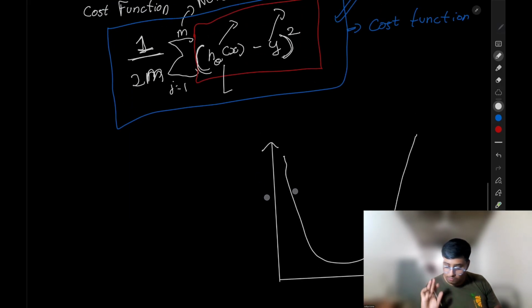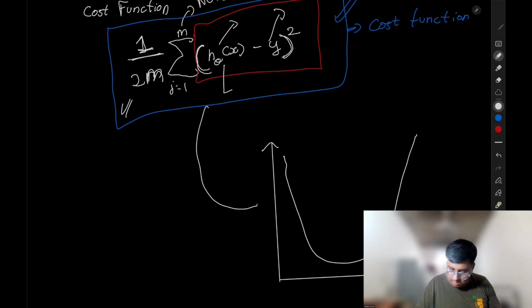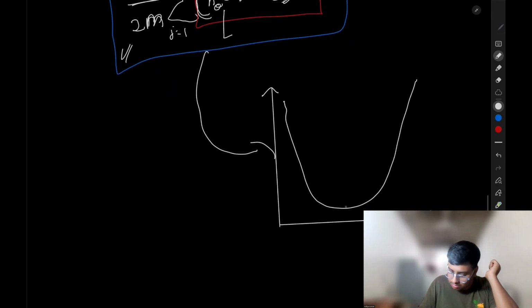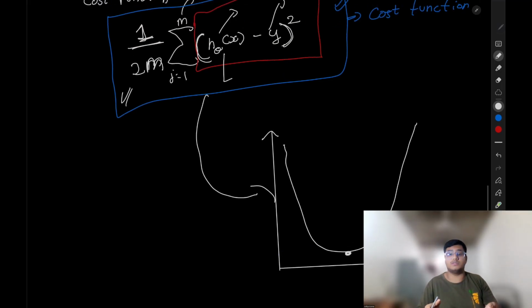So let's assume for this example, the graph of this cost function is this. Our whole aim is to define the values of the learnable parameters in such a way that the value comes here at the minima of this function, or at the minimum value of this function.